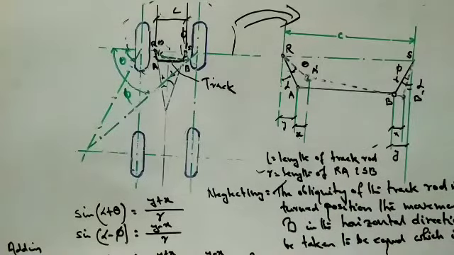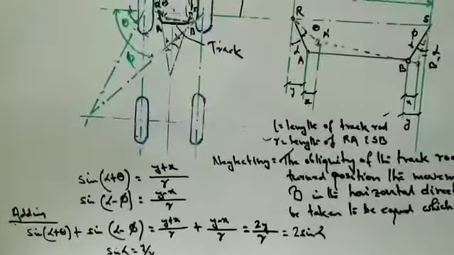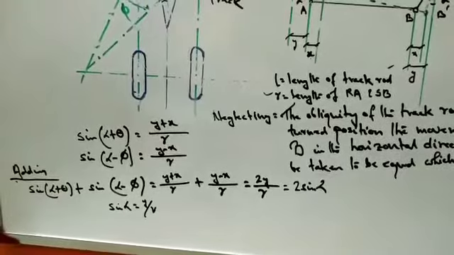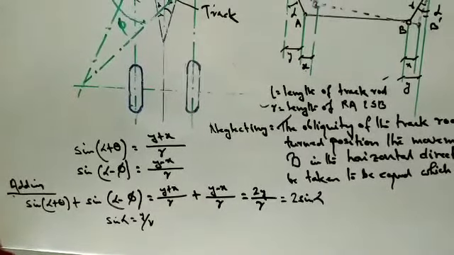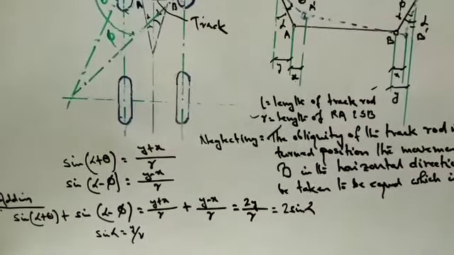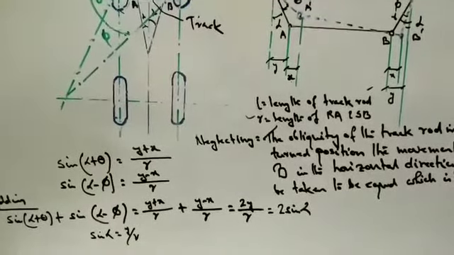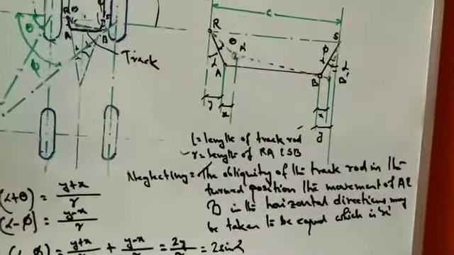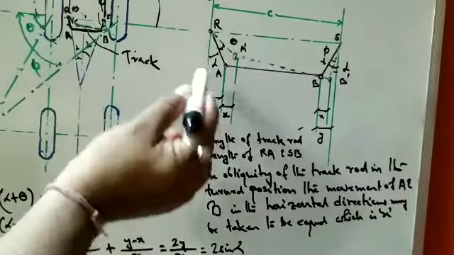Now if we add these two components, we get sine of alpha plus theta plus sine of alpha minus theta equals y plus x by r plus y minus x by r, which is equal to 2y by r, which is equal to 2 sine alpha. In the normal condition, sine alpha is equal to y by r.